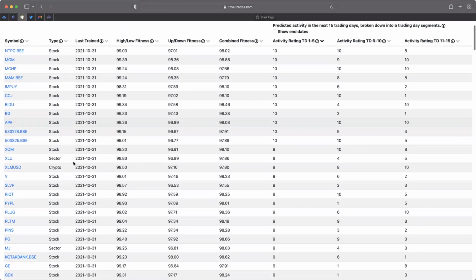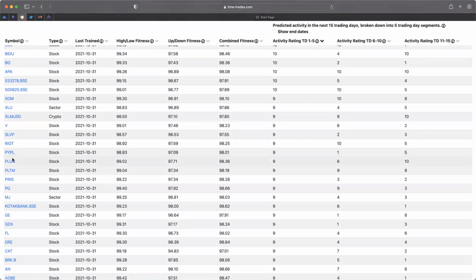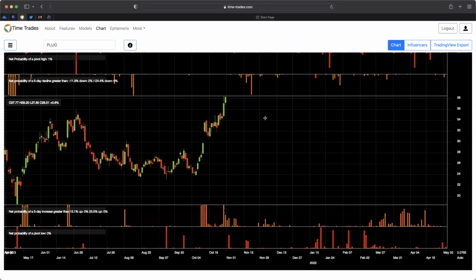Okay, now what else do we want to look at here? I've played Plug Power in the past, so let's take one look at that before we wrap up today's call. So Plug Power has a pivot low coming up on November 2nd, and it's been surging lately.